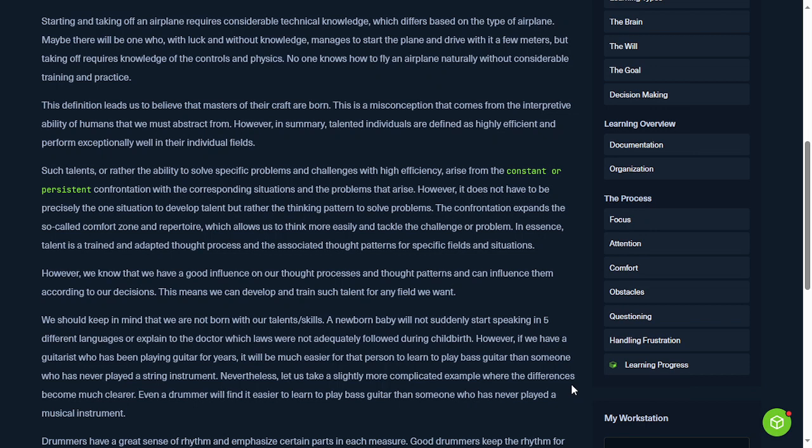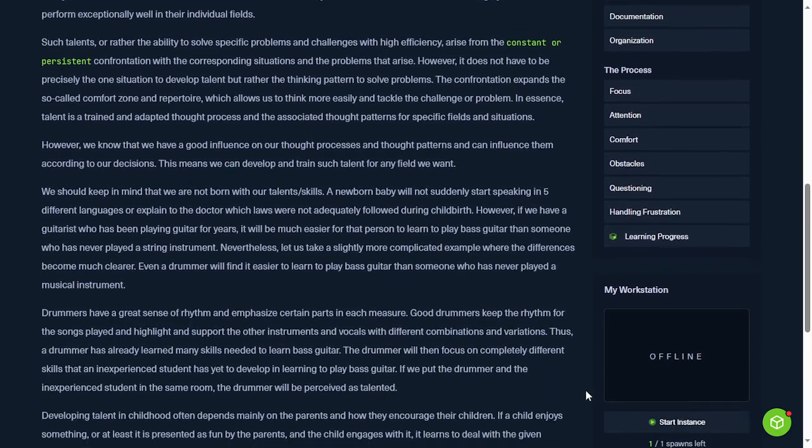This definition leads us to believe that masters of their craft are born. This is a misconception that comes from the interpretive ability of humans that we must abstract from. However, in summary, talented individuals are defined as highly efficient and perform exceptionally well in their individual fields.